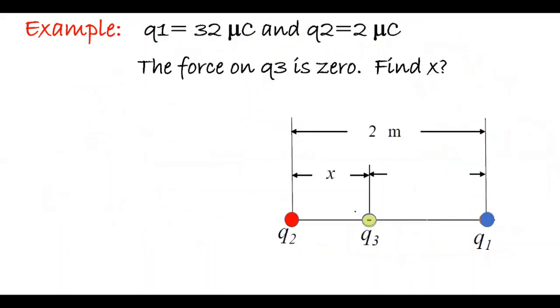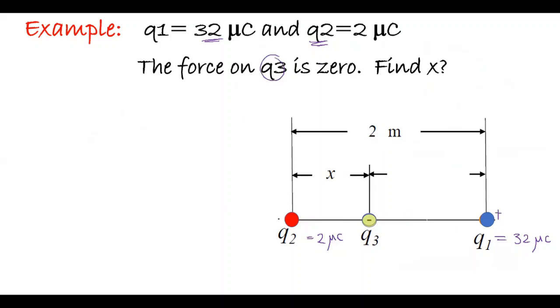We have 2 point charges. Q1 equals 32 microcoulomb and Q2 equals 2 microcoulomb. The two charges are here. This is 32 microcoulomb, and here is the 2 microcoulomb. Then it is mentioned in the question that the force on a third charge, the yellow one, is negative.